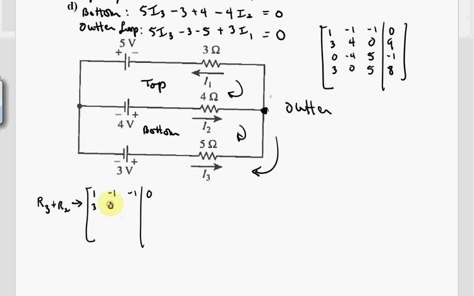This is 3, 0, 5, and 8. 0, negative 4, 5, negative 1. 3, 0, 5, and 8. So now let's say negative row 2 plus row 4. And row 4 goes to 0.